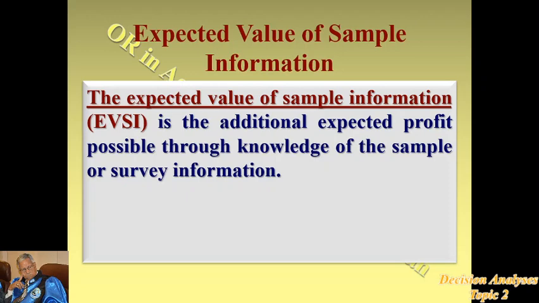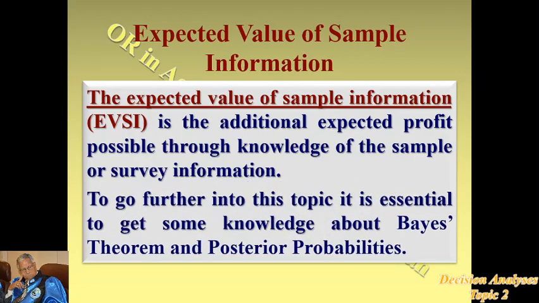A sample or a survey will give us additional information, and this additional information will adjust our probabilities. To go further into this topic, it is essential to get some knowledge about Bayes' theorem and posterior probabilities.